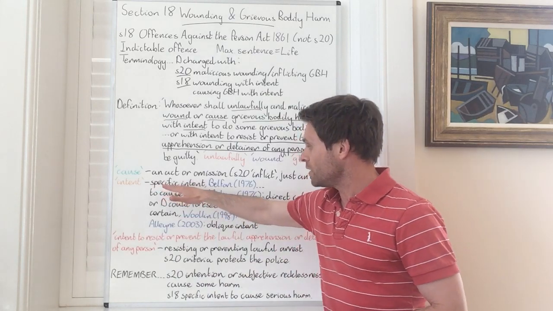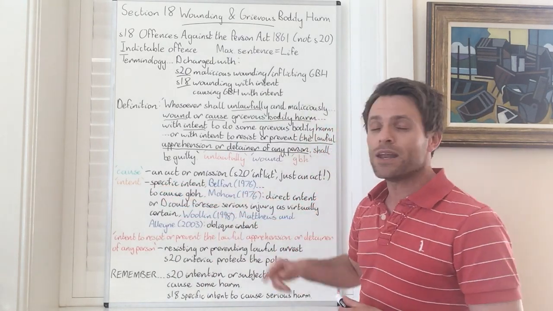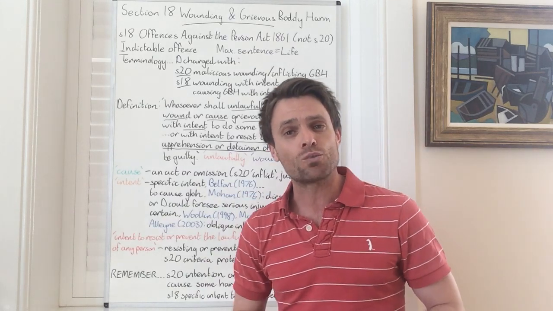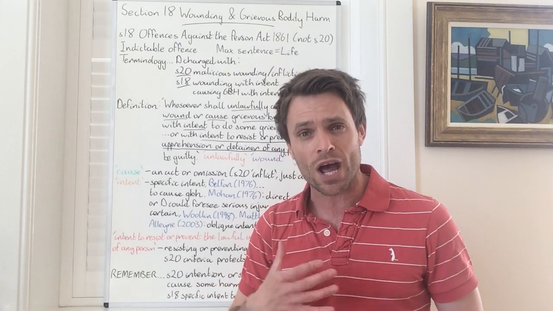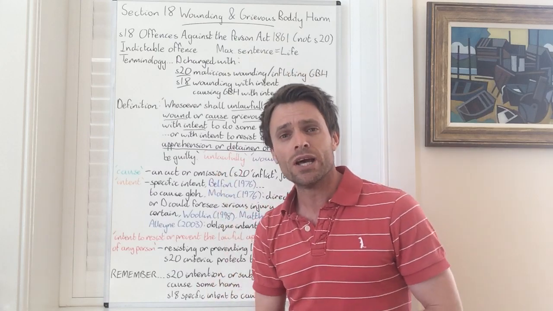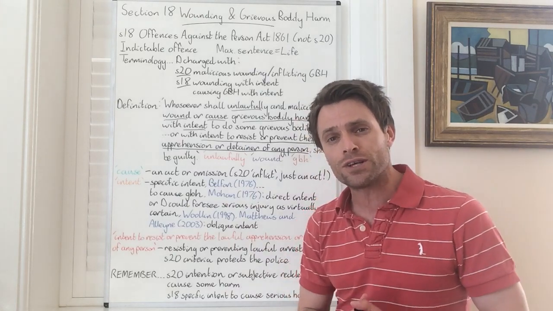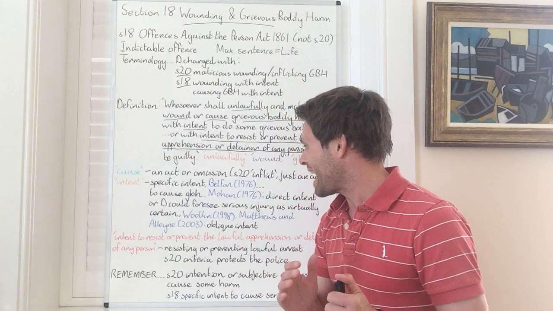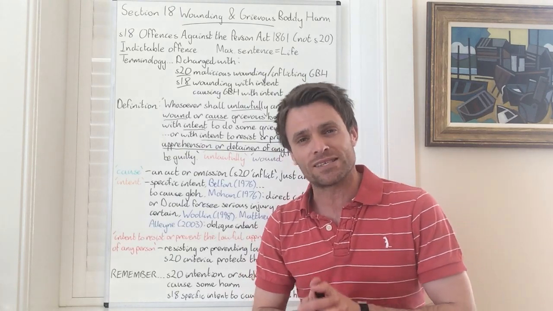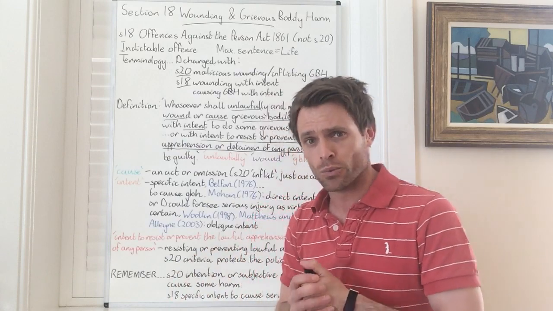So this form of intent, specific intent, was outlined in the case of Belfin, 1976, where a defendant slashed the victim with a razor blade across the chest and the face, causing serious harm. Now, the judge ruled in that case that in order for the defendant to be convicted of a Section 18 offence, they had to have the specific intent to commit the grievous bodily harm or indeed the wound.